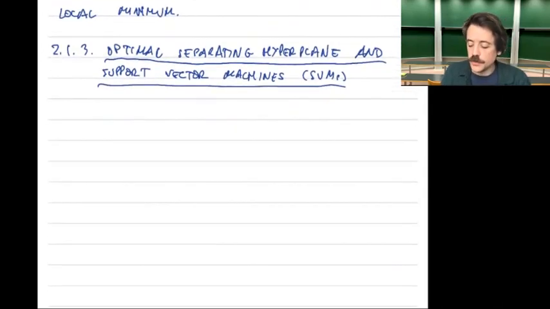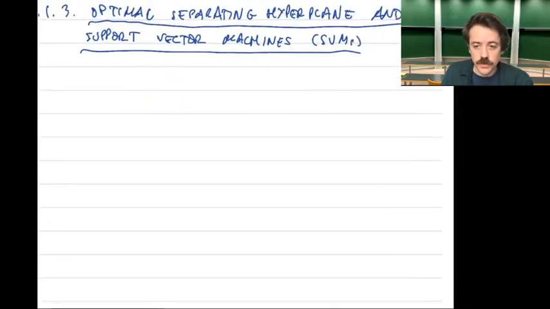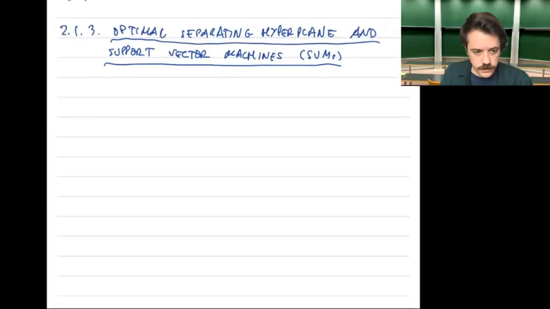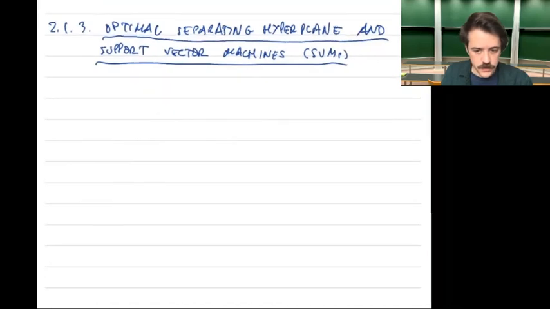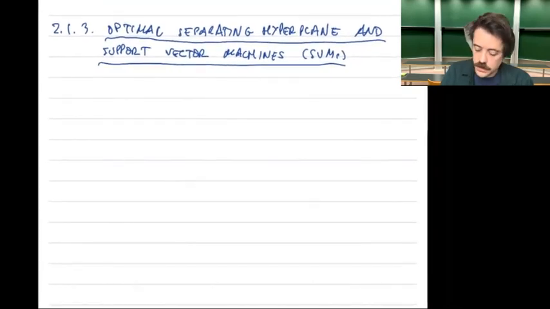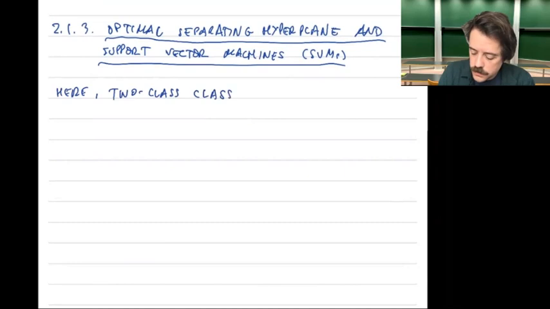So far we've been in LDA and LRC, looking at multi-class classification. Here, instead, we're going to take two-class classification, which means that we can take this L to be -1, 1 without loss of generality.